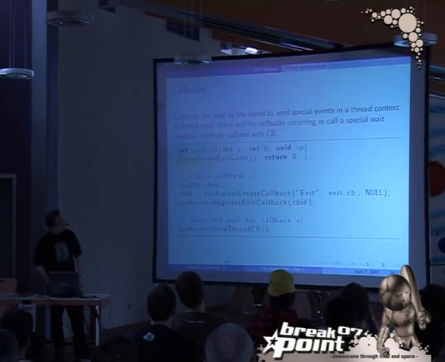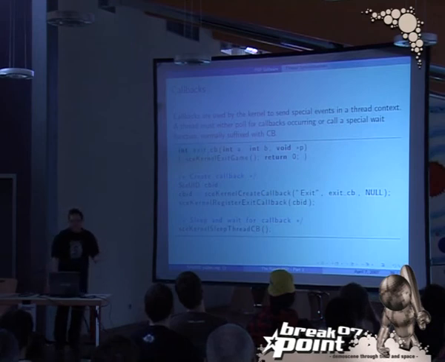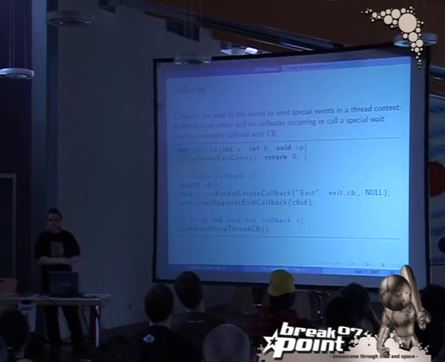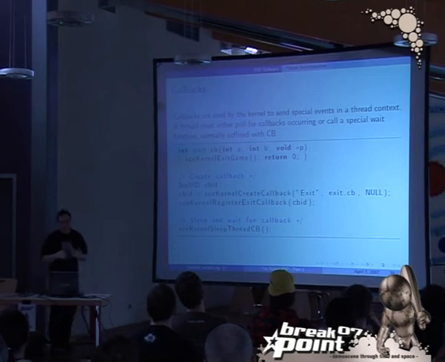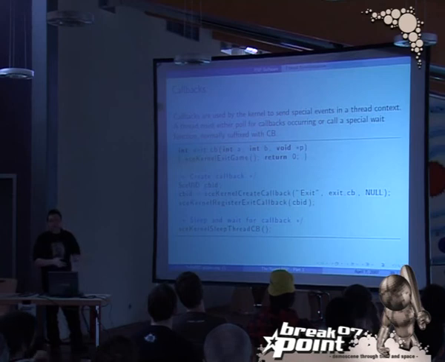Now, callbacks. If you've used the PSP, when you run up a game, if you hit the home button, you get some sort of Sony supplied screen that says, do you want to exit your game? Once you click yes, the kernel has to notify the application you've told it to exit, and this is what the callbacks are for.